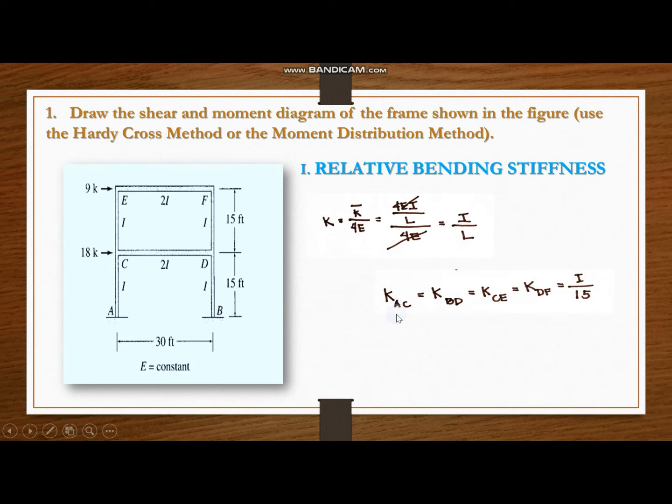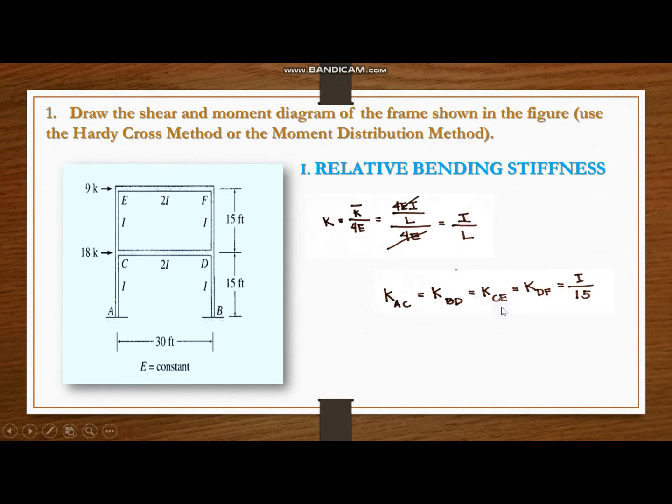Next, stiffness AC is equal to stiffness BD equals stiffness CE equals stiffness DF. Why are they equal? Because it is symmetrical. Equals inertia over 15, since our length is 15.